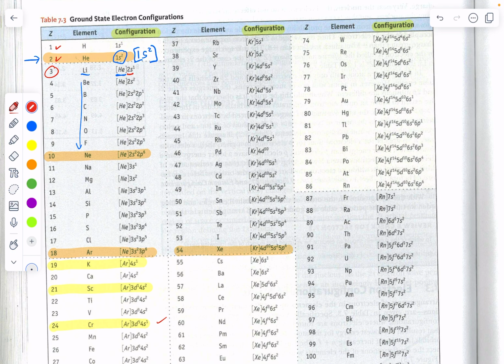And that second energy level has 2 subshells. The first one is called the s subshell, and there is going to be 1 electron in it, so it's a 2s1.